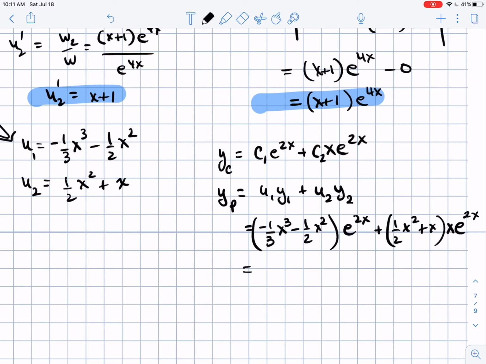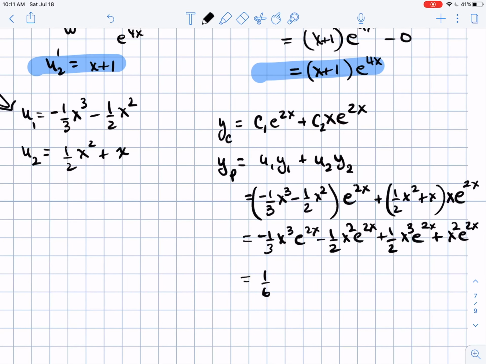If you distribute, you're going to get 1/3 x cubed e to the 2x minus 1/2 x squared e to the 2x plus 1/2 x cubed, sorry, e to the 2x plus x squared e to the 2x. All right, and then cleaning that up, I get 1/6 x cubed e to the 2x plus 1/2 x squared e to the 2x.